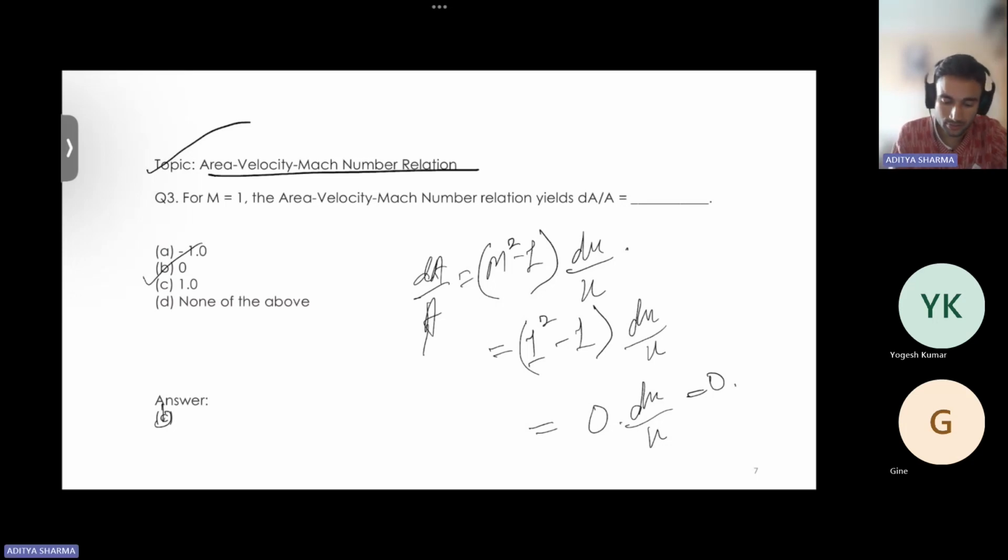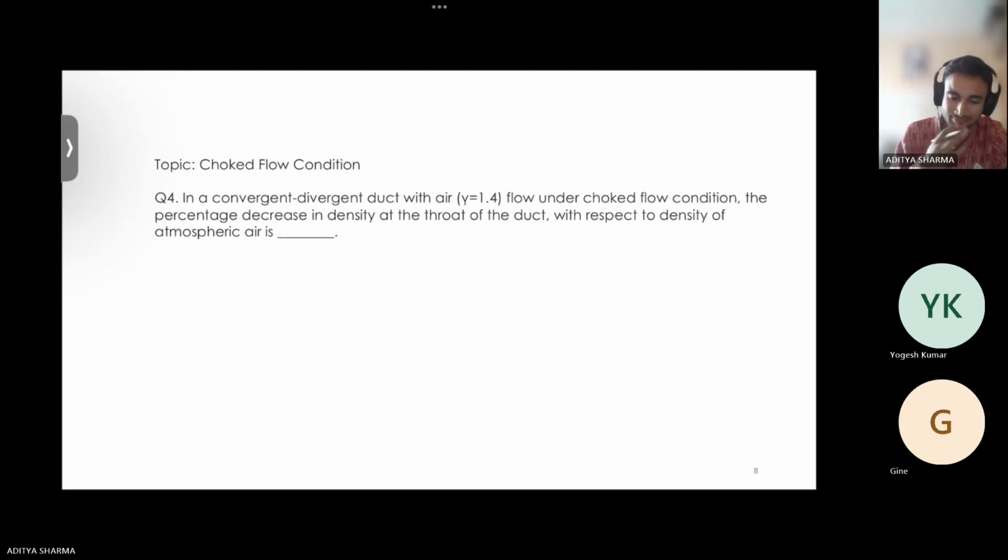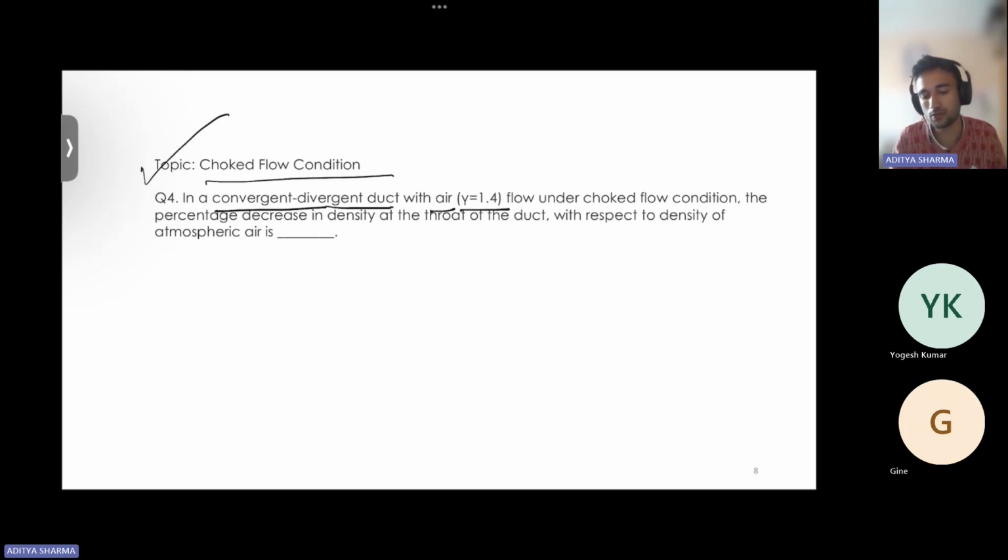All right. Okay, then let's move on to our next question. This is based on choke flow condition. So question number 4 is, in a convergent divergent duct, so this is a CD duct, it has been told that this is air with gamma equals 1.4 flow under choked flow condition.